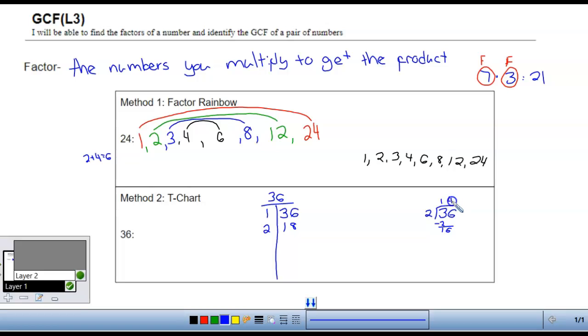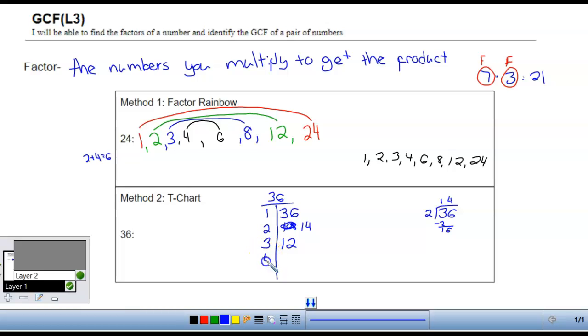I'm so sorry, it's going to be 18. We know 3 works because 3 plus 6 is 9, so 9 is divisible by 3. It's going to go in there 12 times.